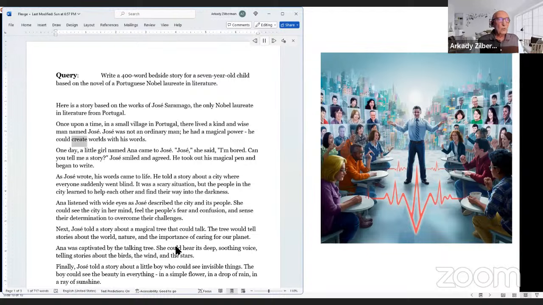He could create worlds with his words. One day, a little girl named Anna came to Jose. Jose, she said, I'm bored. Can you tell me a story? Jose smiled and agreed. He took out his magical pen and began to write.